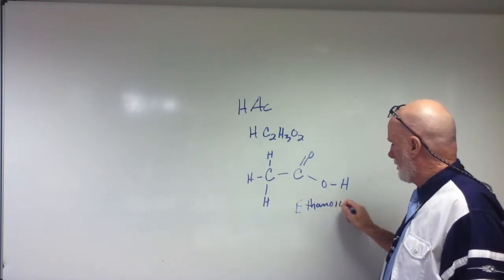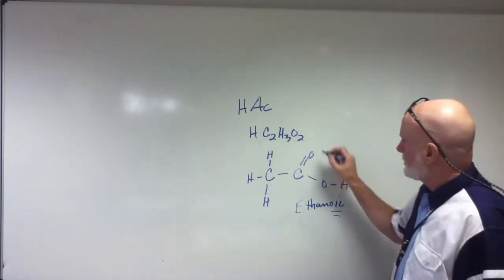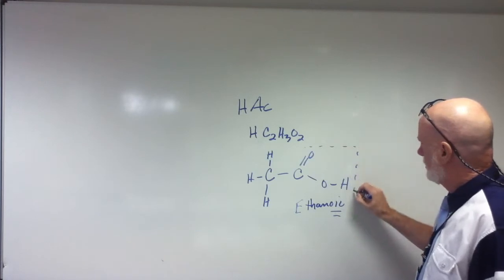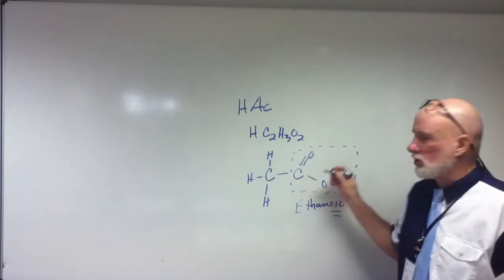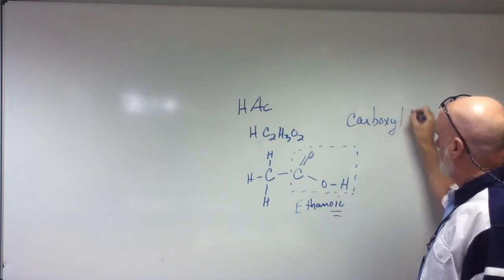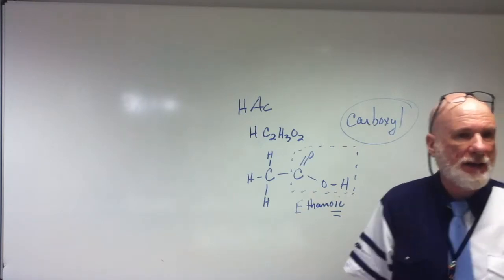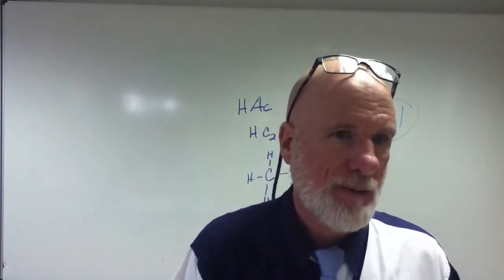So ethanoic, the OIC, comes from this. That's called a carboxyl group. Get it? Carboxyl group.